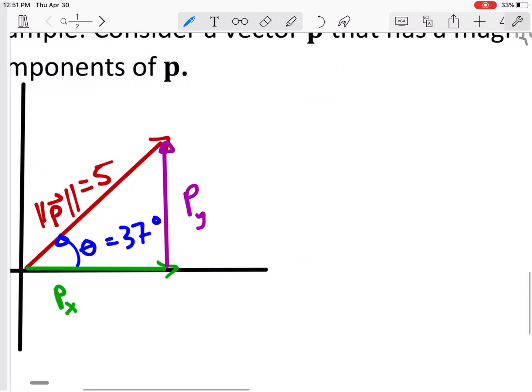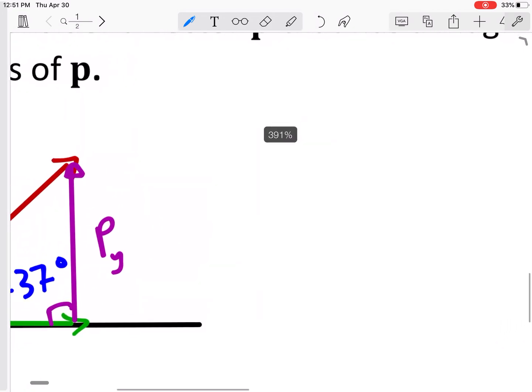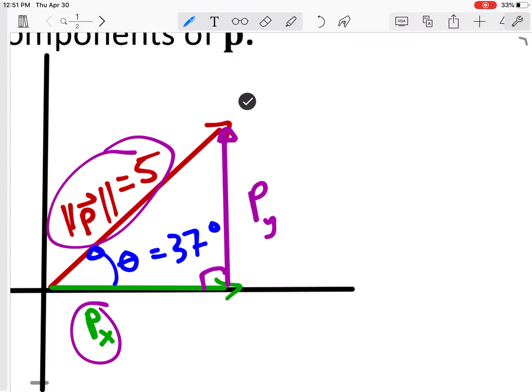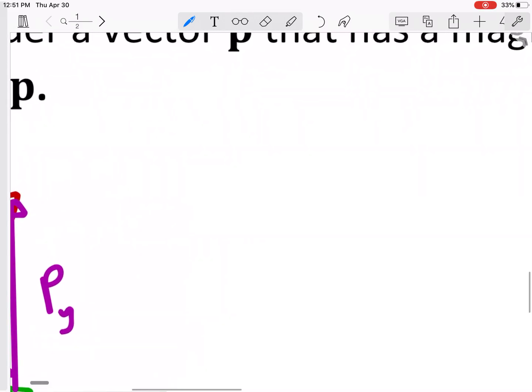Right, in this case, we can still use right angle trigonometry. This is a right angle that's formed by the components. So we'll look at this angle, theta, which is 37 degrees, and to find this adjacent side, our trig ratio that will give us that is cosine, because this is the adjacent and we know the hypotenuse, and we know the angle.